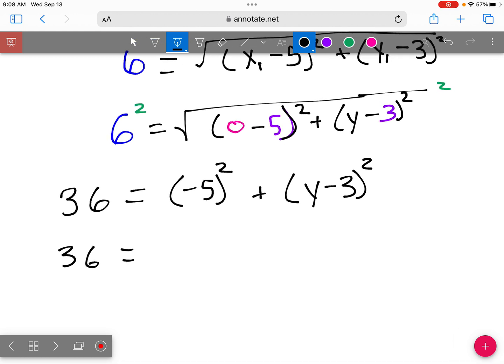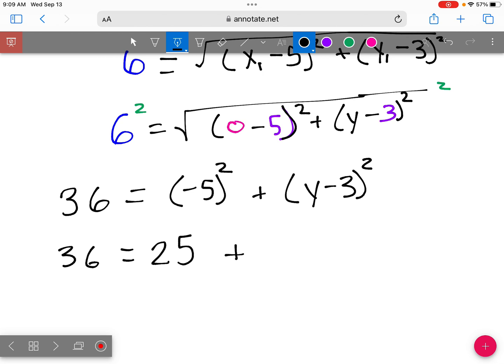What can I do down here to simplify this? It's not y squared minus 6y. We have to multiply it out. We have to get the whole thing. You had 2 of the pieces. We've got to catch them all. So we've got our 25. And also do not tell me it's y squared minus 9.